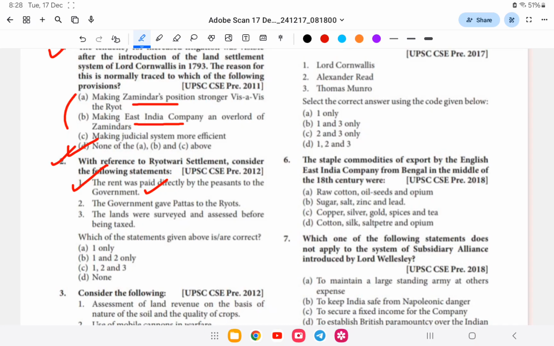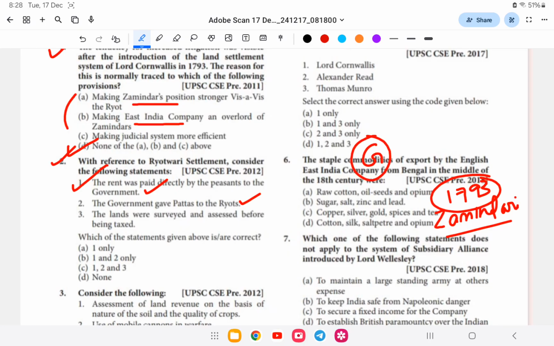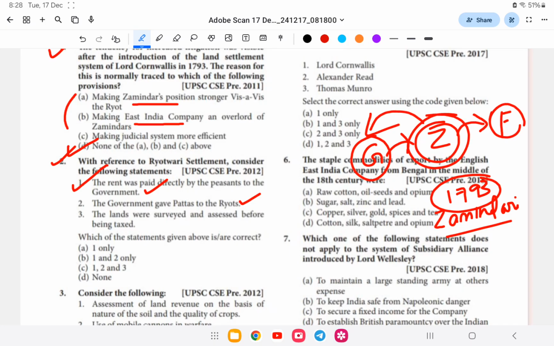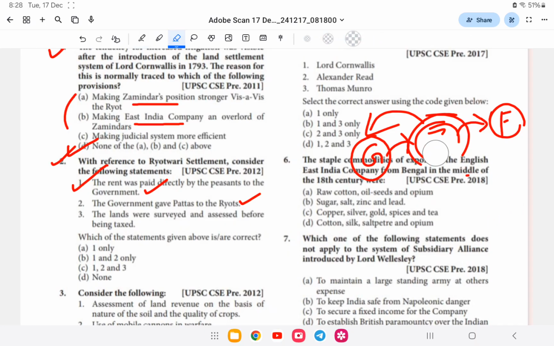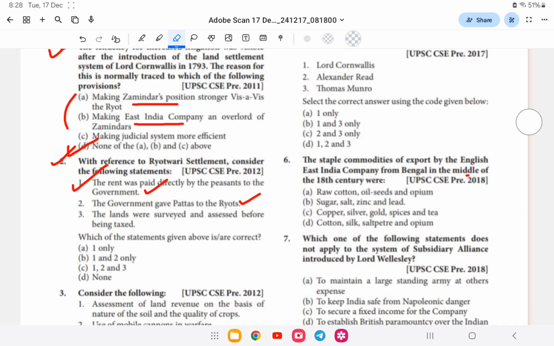Number 2 is the government gave pattas to ryots. The government gave pattas to the public. For example, in the zamindari system of Cornwallis in 1793, between the government and the farmers there was a middleman, the zamindar. The zamindar collected tax from the farmers and paid it to the government. But unlike the zamindari system, the ryotwari system had no middleman, that is the government would directly deal with the farmers.